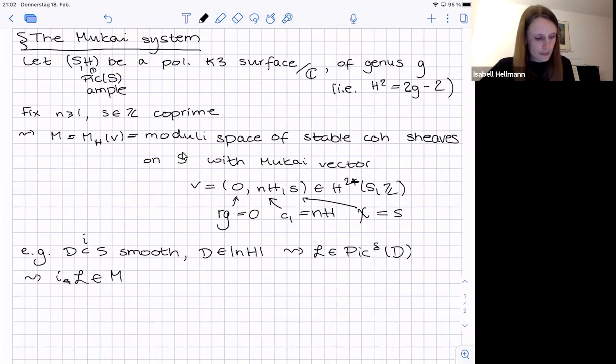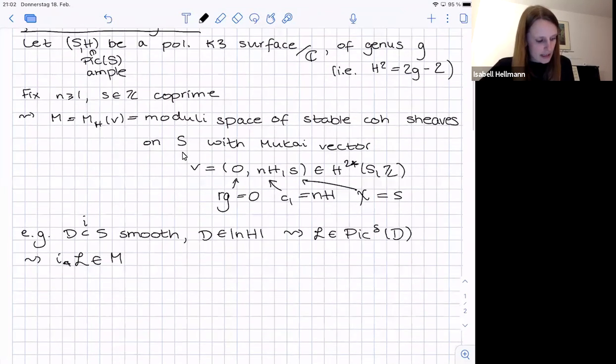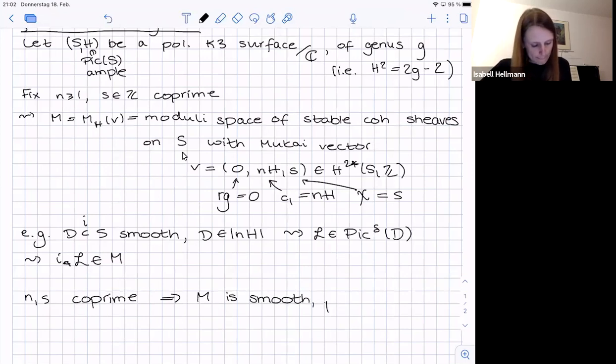All right. So I fixed n and s coprime, because in this case, M is actually smooth and projective, of dimension 2 times (n squared (g minus 1) plus 1).